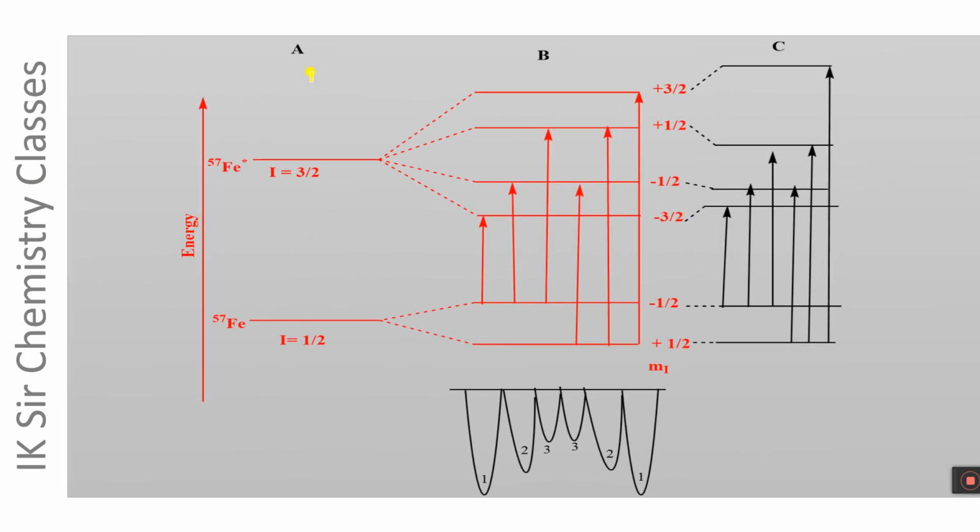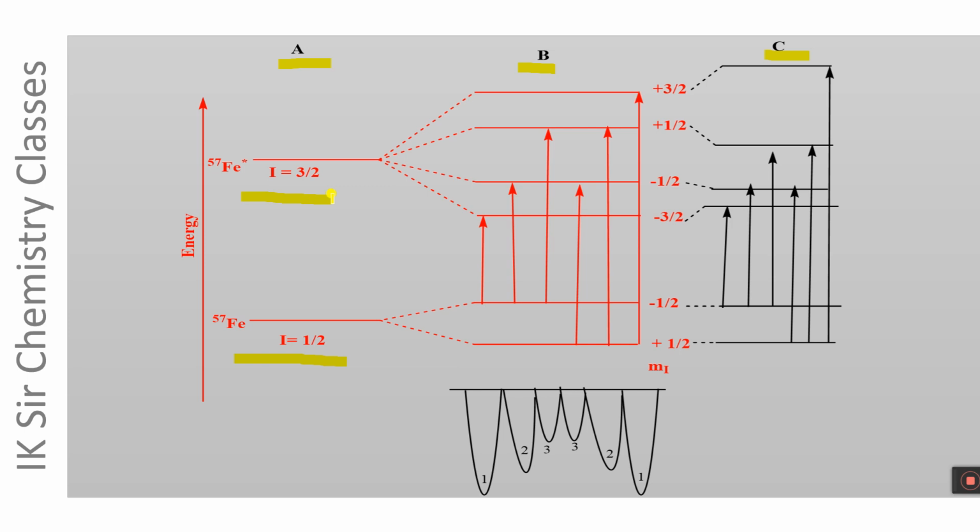This figure consists of three parts: A, B, and C. Part A represents the nuclear energy levels of Fe57 in absence of electric field as well as magnetic field. The ground state of Fe57 nucleus has I equals 1 by 2, while its excited state has I equals 3 by 2.